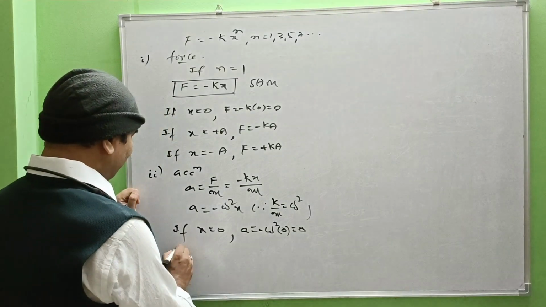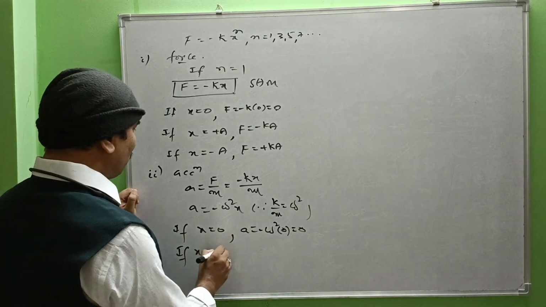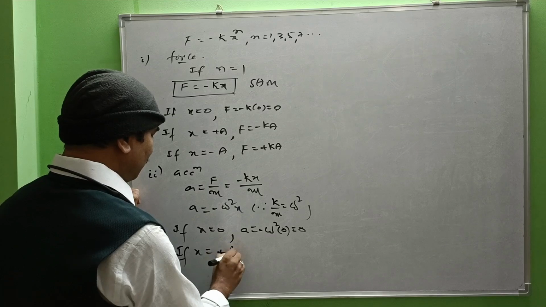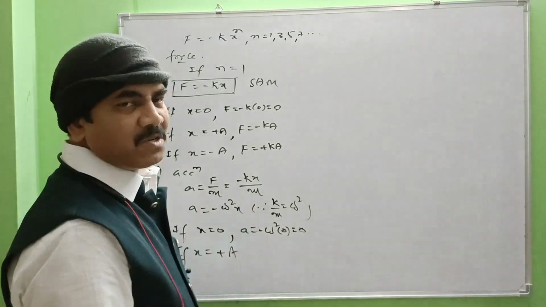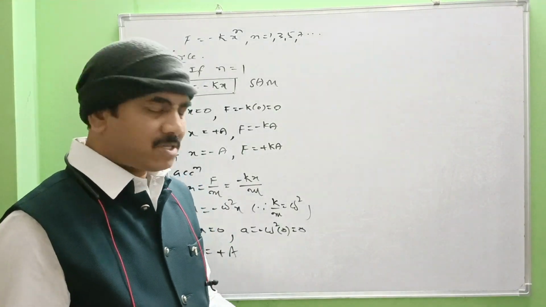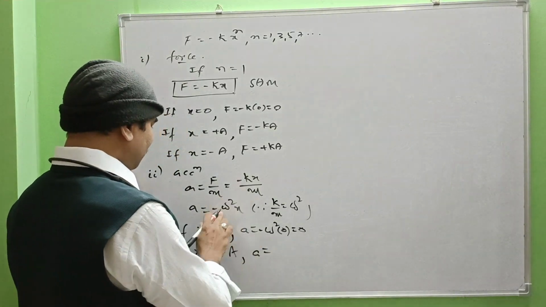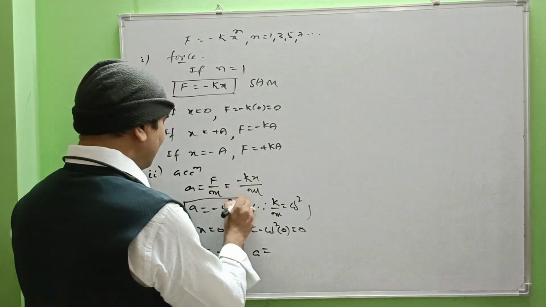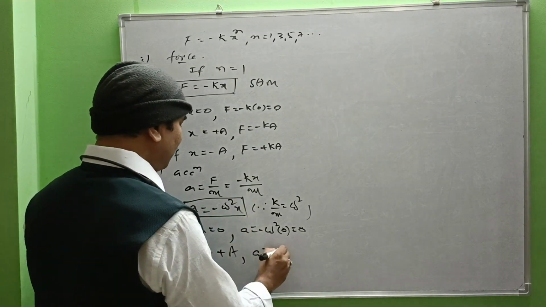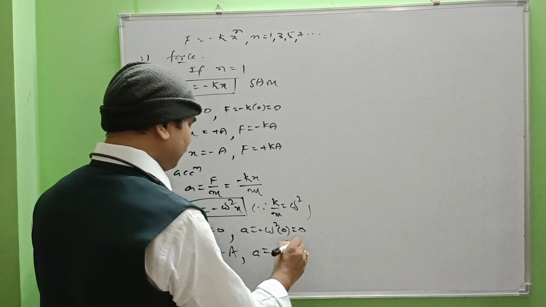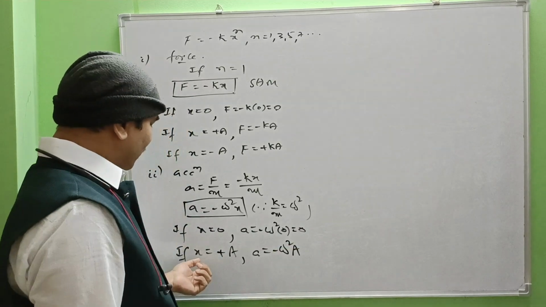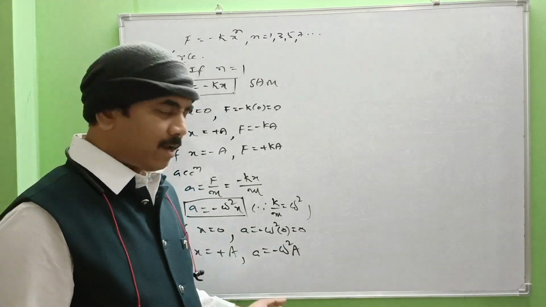In the same way, if x equal to plus a, the positive extreme position, then acceleration equal to minus omega square into x, that is minus omega square into a, right? What is the maximum displacement for an oscillating particle? Amplitude.